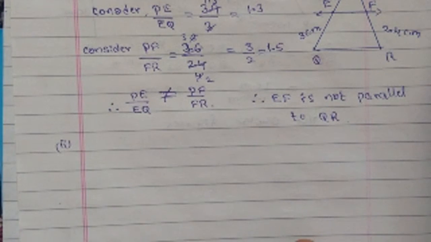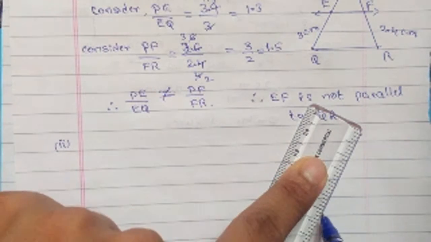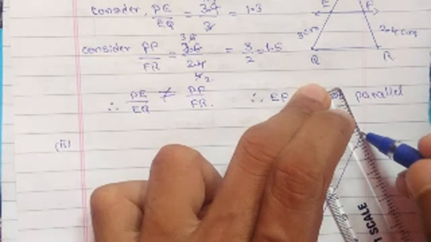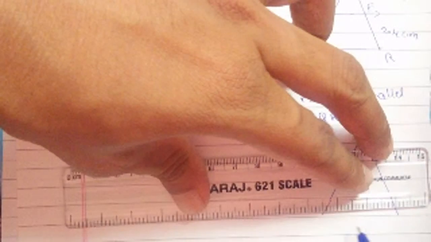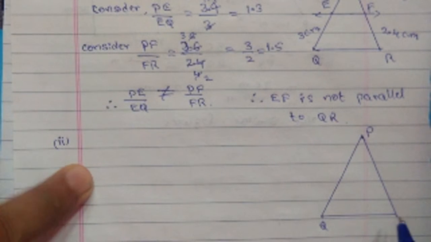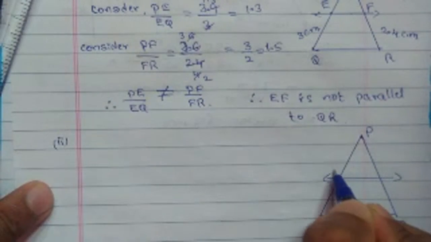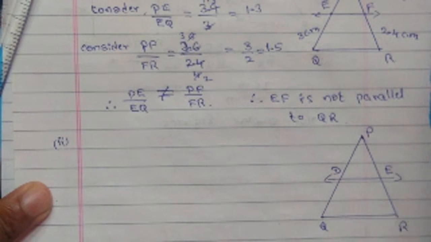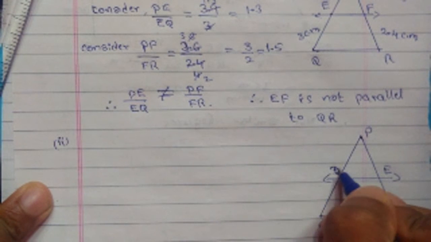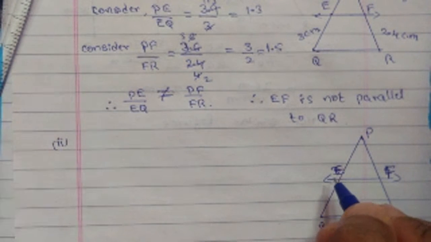Again we have to consider one triangle PQR, and one line with the points E and F given, and the lengths are given.